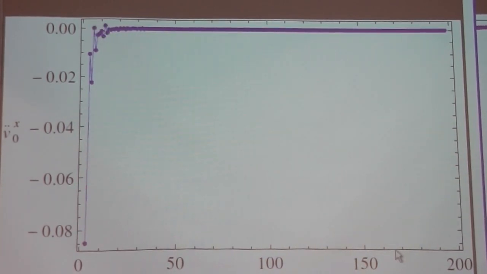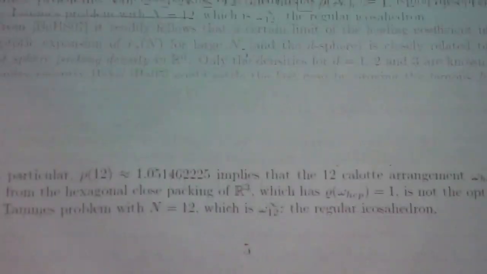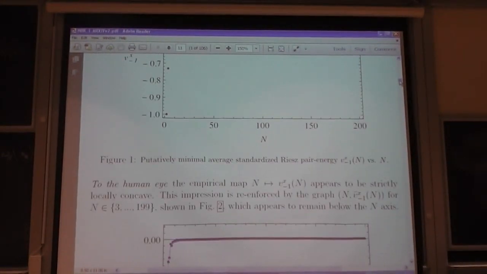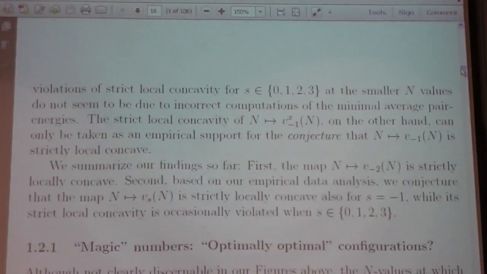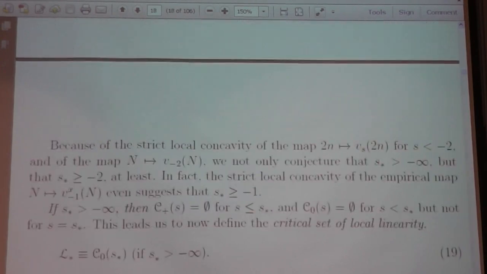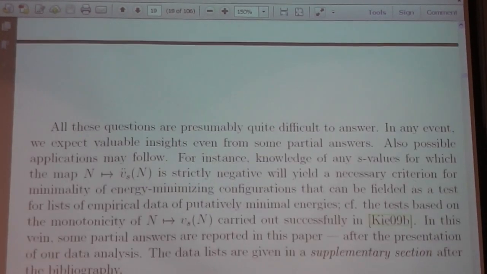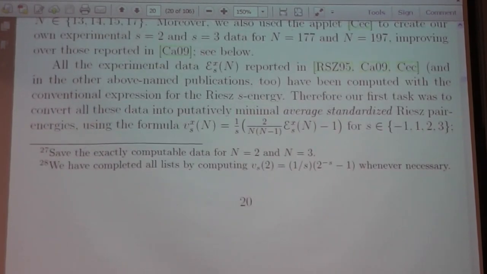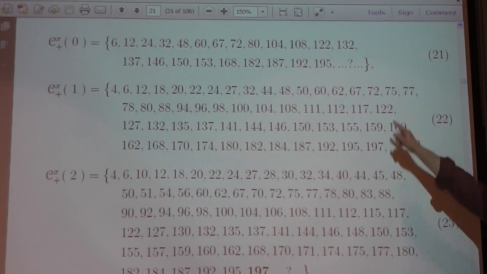convexity defects. And if I call up our paper again and pull it down, there is actually a nice sequence of numbers. Look only at the upper line.